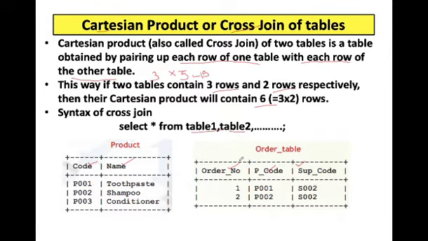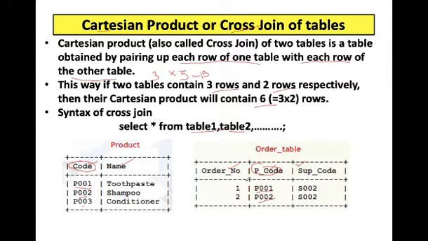Now if you observe these tables carefully, there is a common column between them. If you see this data, P001, P002, P003, here also it is P001, so this is the common column. But the important point to notice in the product and order tables is that the common column does not have the same name, as in the emp and dept example, where the common column had the same name, dept number.